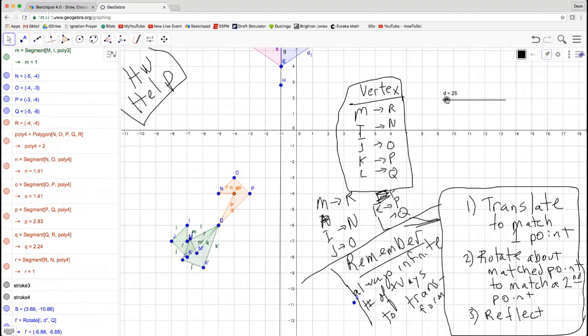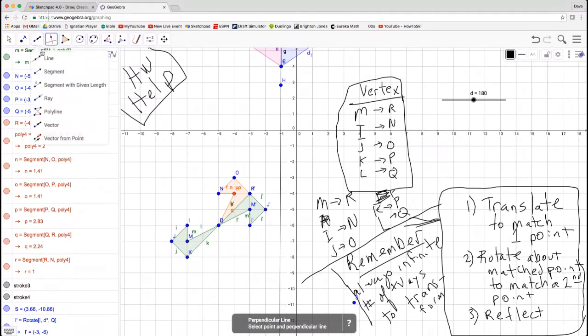We're just going to rotate this guy 180 degrees until we match our other point. And now notice we've translated and then we've rotated. And our last step is to optionally reflect, and we do need to reflect. So we're going to need to make a line of reflection, and I'm going to draw that line right now.